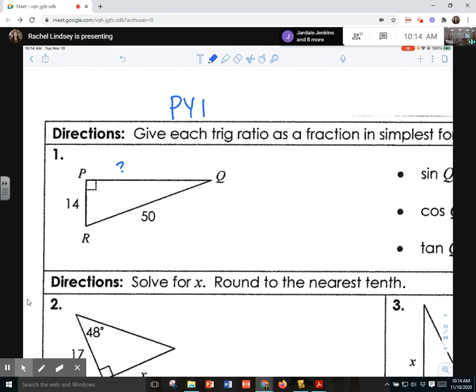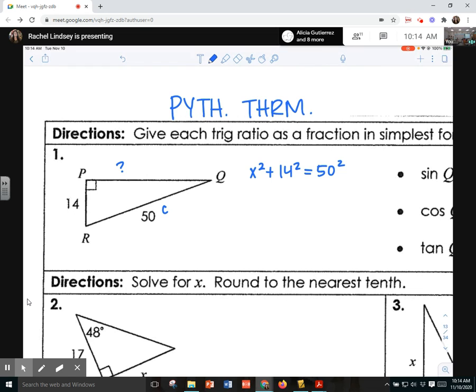So when I do that, QR is my hypotenuse, and then the other two sides are my A and my B. So I'm going to have x squared plus 14 squared equals 50 squared. So side squared plus side squared equals hypotenuse squared.